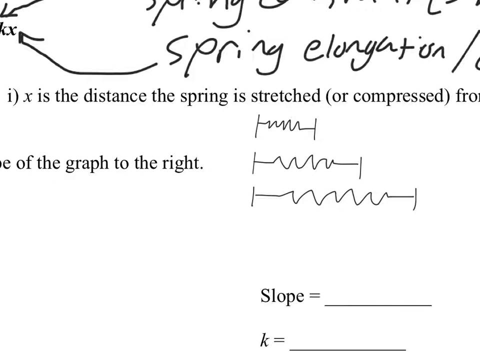So for the first spring, it's actually compressed from equilibrium, so this would be our value for x. For the second spring, since it's stretched from equilibrium, this would be our value for x. Okay, it has nothing to do with the original length of the spring. It's only how far it moves from equilibrium.